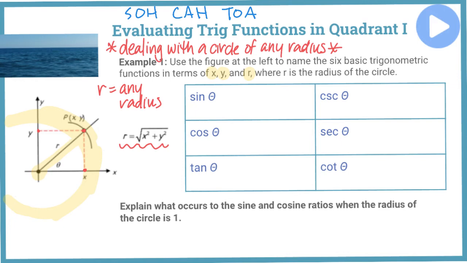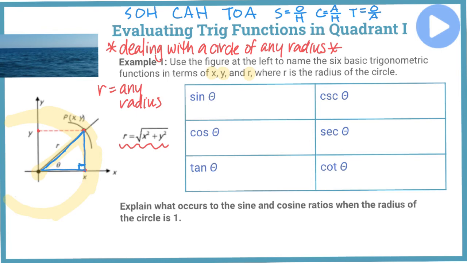We need to keep those concepts in mind because what we're truly dealing with here are right triangles. Notice that this triangle here is a right triangle. The right angle is the intersection between the x-axis and the line from the x-axis up to the point on the circle.